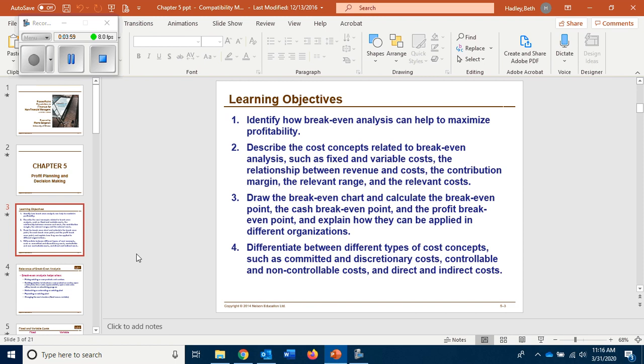A fixed cost is something that honestly is fixed. It doesn't change, or at least not in the short term, and no matter how many sales you make, you're stuck paying for it. So a fixed cost could be anything from rent to interest expense, because if you get a loan, you have to pay that interest expense no matter what, even if you don't have any sales.